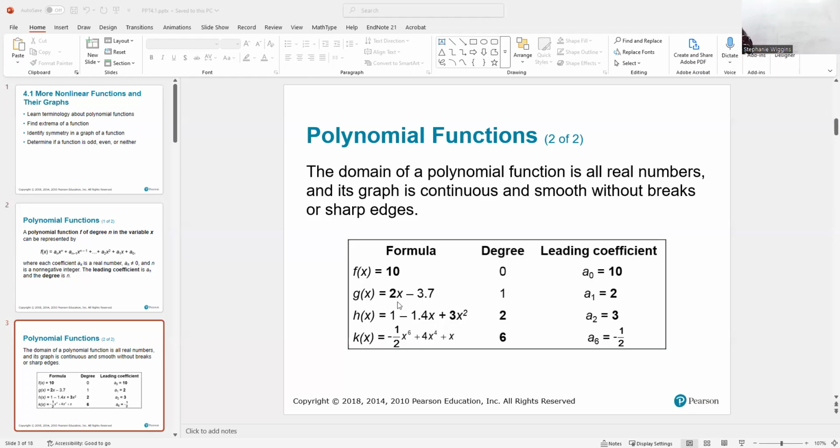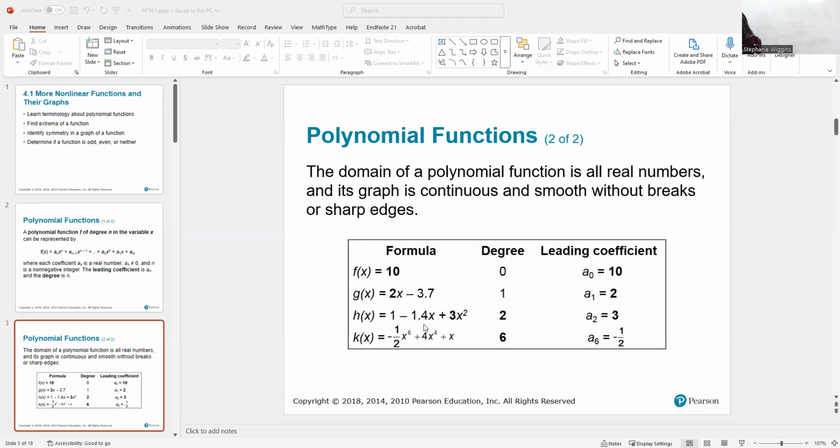In the next example, this is of degree 1. So you have a linear function that's not constant, and here's the leading term. The power on x is 1, so this polynomial has degree 1. And the leading coefficient is this 2, which is multiplied by your x. So this is your leading term.